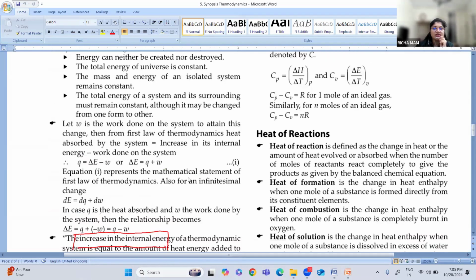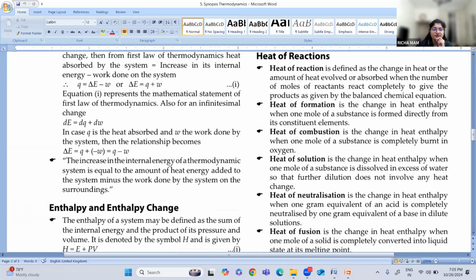It represents mathematically the first law of thermodynamics. So remember this particular equation, important. That is, heat absorbed by the system will be equal to the increase in its internal energy minus the work done on the system.